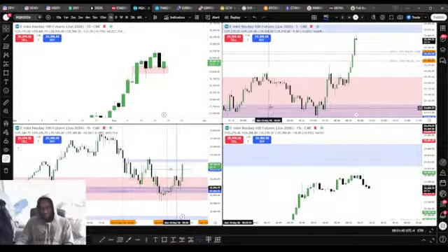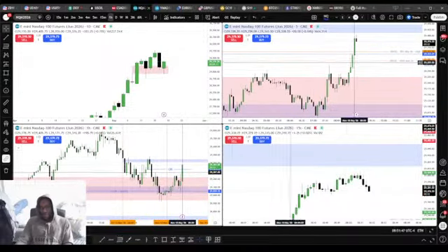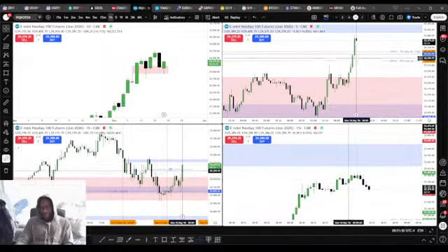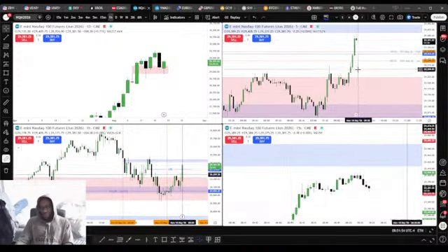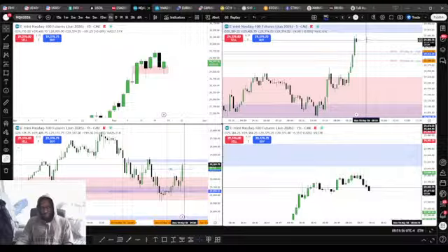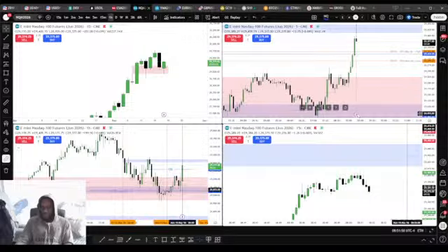So on the hourly time frame, since we formed new highs, there's inefficiencies there and there and there. So depending on how the market treats those inefficiencies will determine how strong the bull trend is.